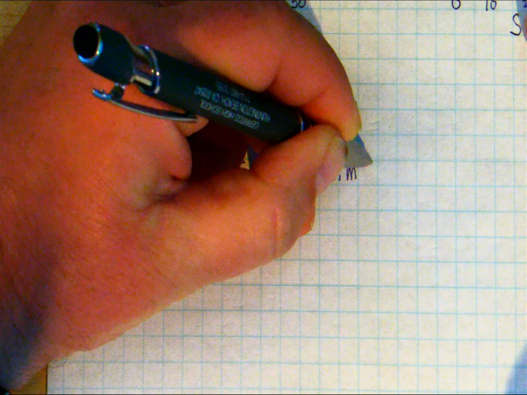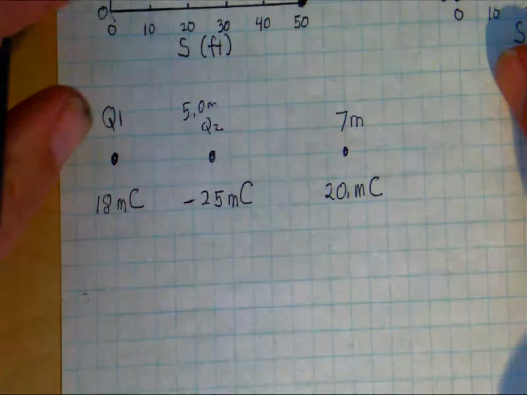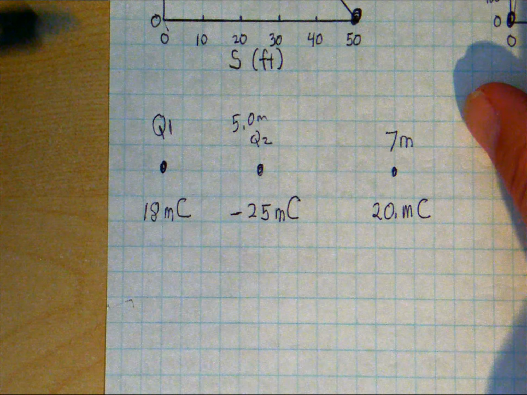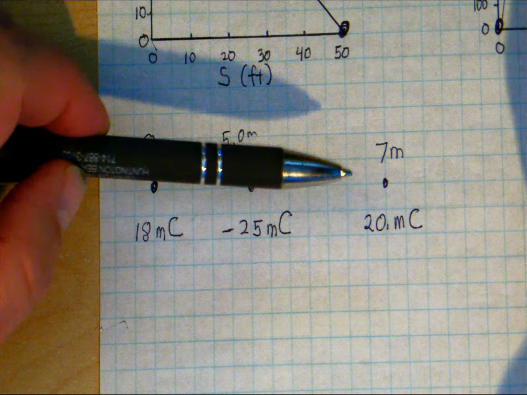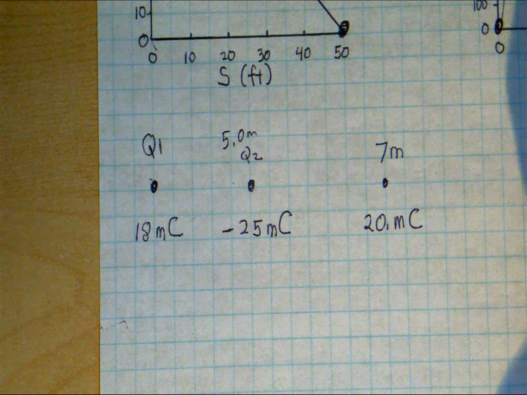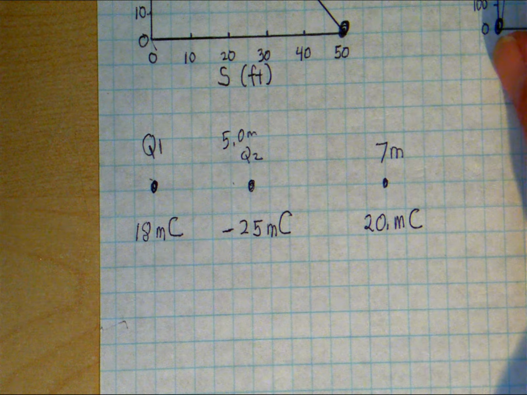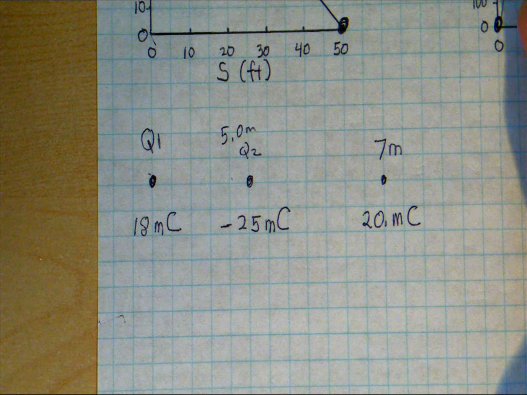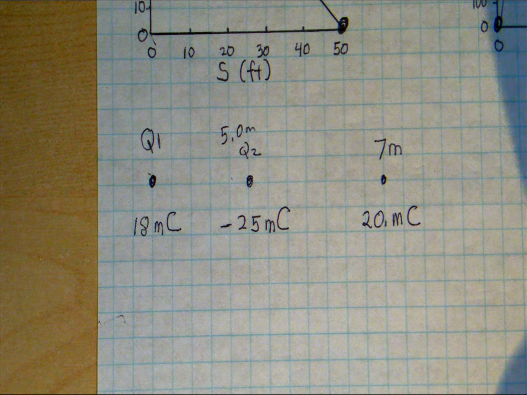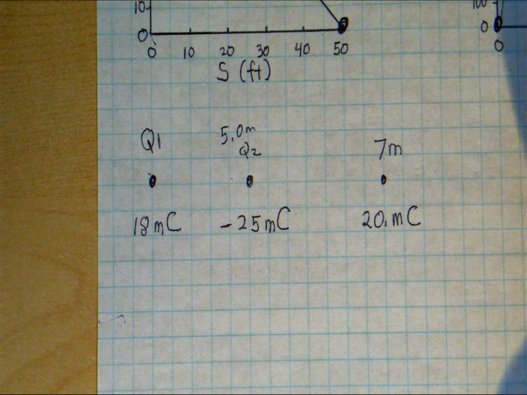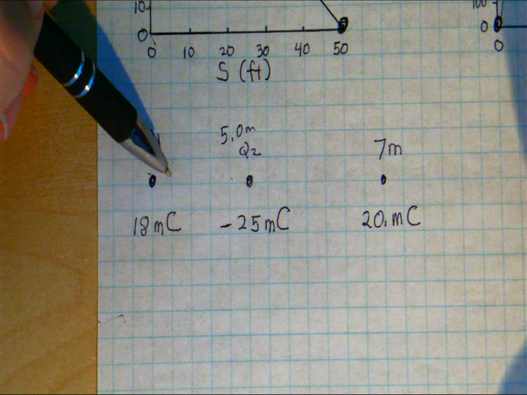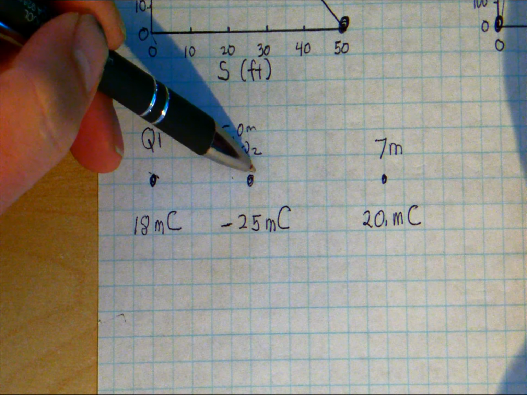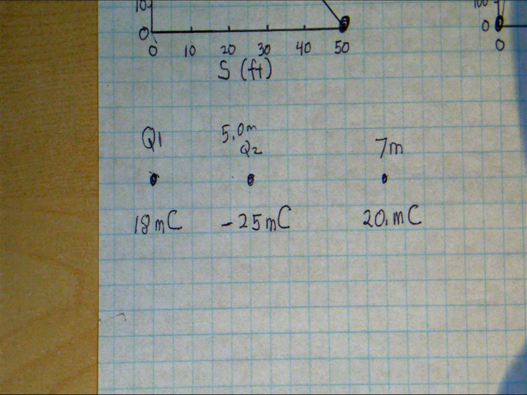Okay, now in this situation, I have 3 point charges. They're all in a straight line, which means this is going to be a one-dimensional physics problem. The problem becomes, what is the net force acting on the charges? But the answer is going to be different for each one of the 3 charges.